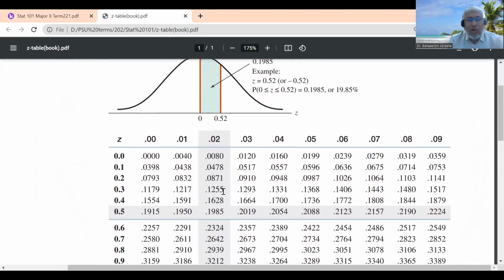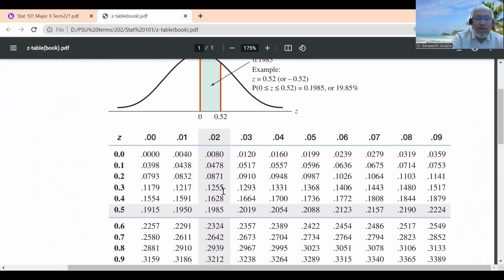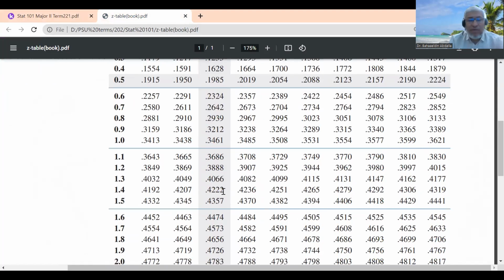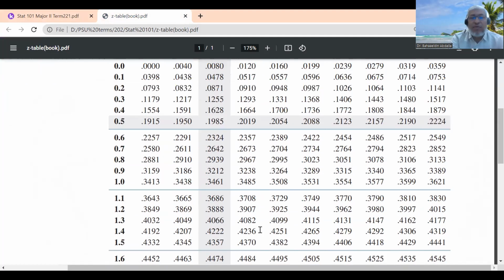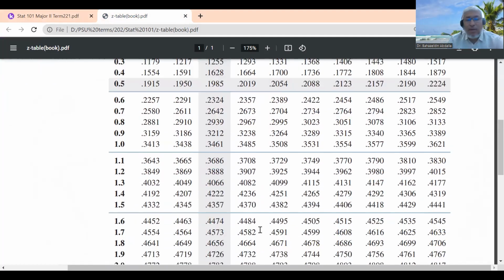So if you search for 1.75, this is 1.7, and 1.75 would be 0.4599.